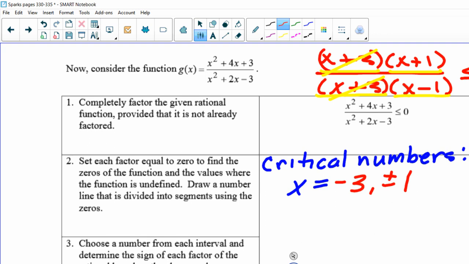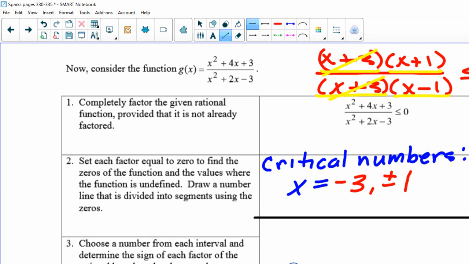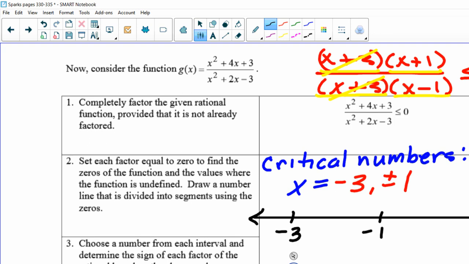Now, draw a number line that's divided into segments using those zeros. Go to our number line: negative 3, negative 1, and 1.